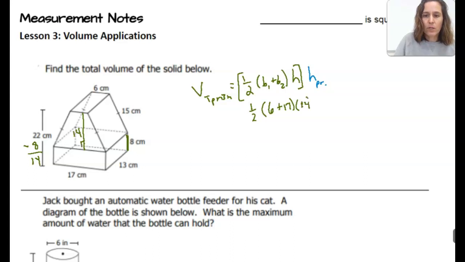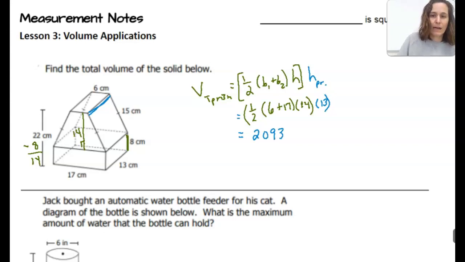We multiply it by 14, and then the height of the entire prism would be this length, and we know that's 13. We're going to plug all this into our calculator in one go, and when you do that, you would have 2,093.